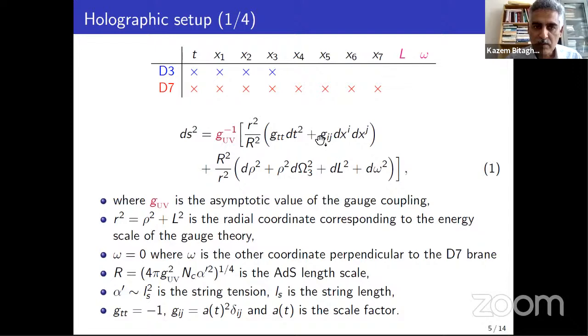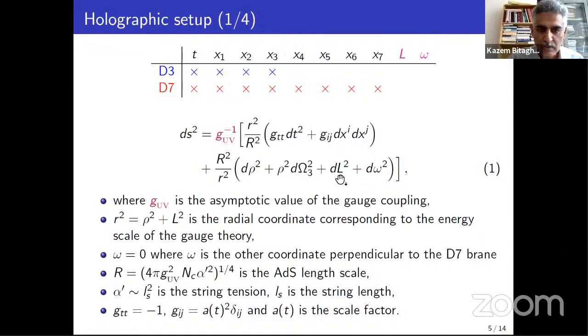The geometry is given by this metric, and the overall factor here is g_UV, the asymptotic value of the gauge coupling. The four-dimensional space-time is given here, and the extra dimensions appear here.